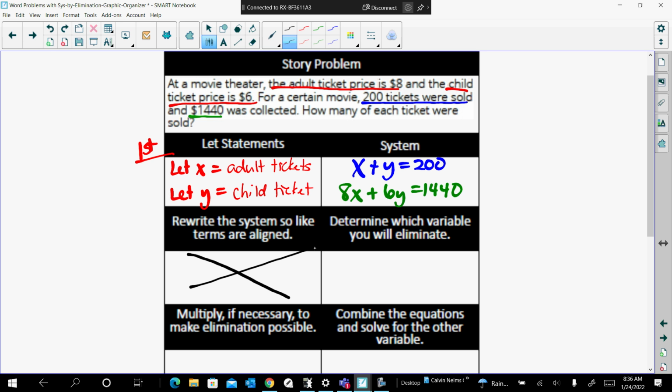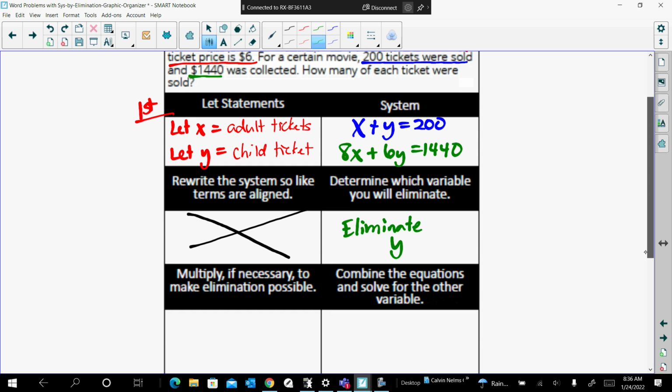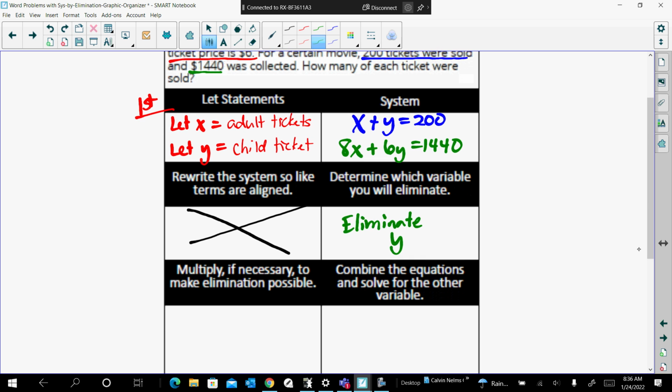Okay. Determine which variable we want to eliminate. So which of the two would you want to try to eliminate? Okay, so we're going to put y. I'm going to write that in. We're going to eliminate. Now, is it multiply if necessary to make elimination?